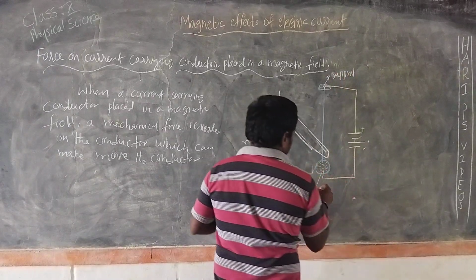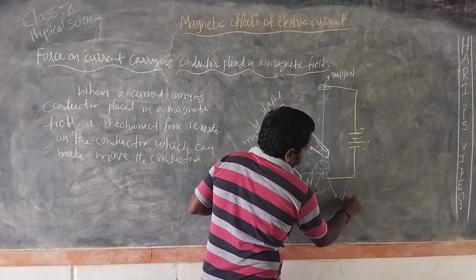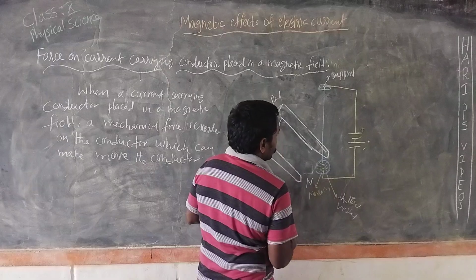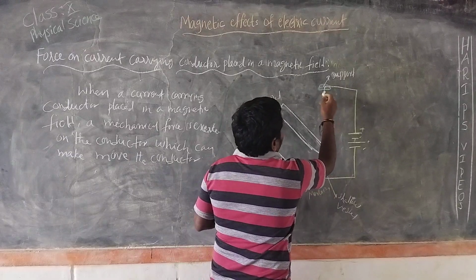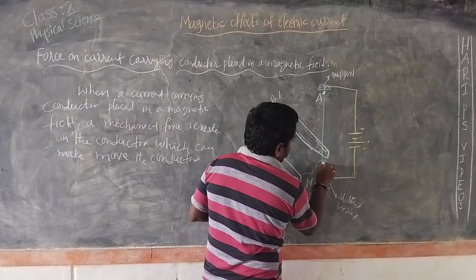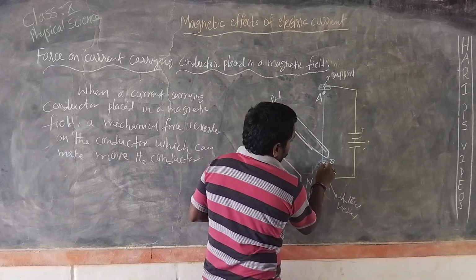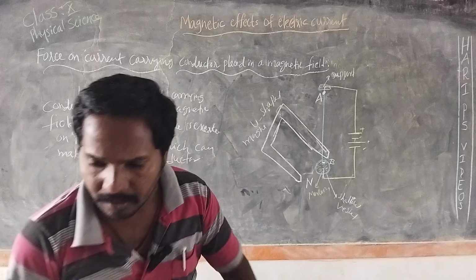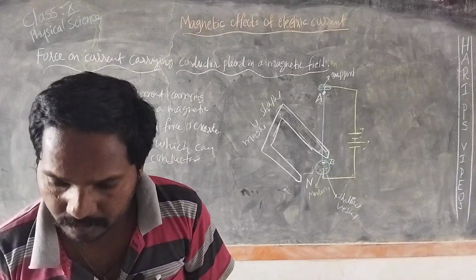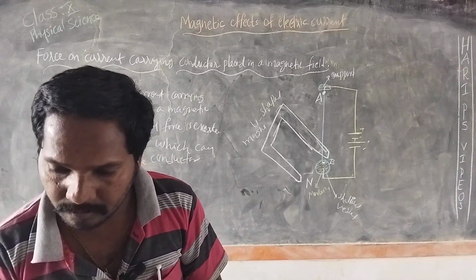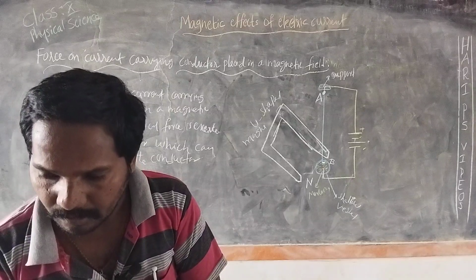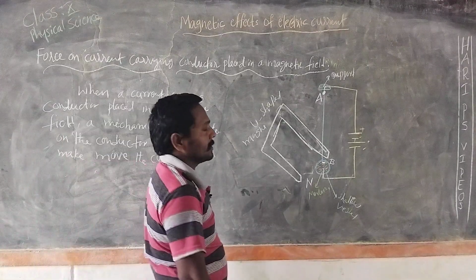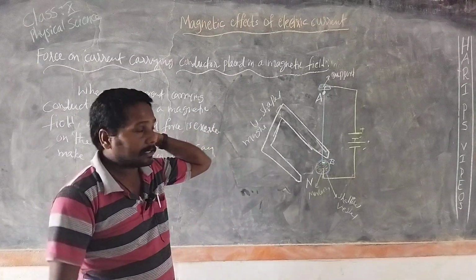A shallow vessel is supported, and mercury is filled. This is one end A and this is the other end B. The other end B is connected with another wire. Magnet, supporter T. So this is the experimental setup.